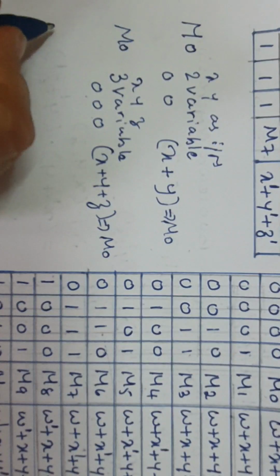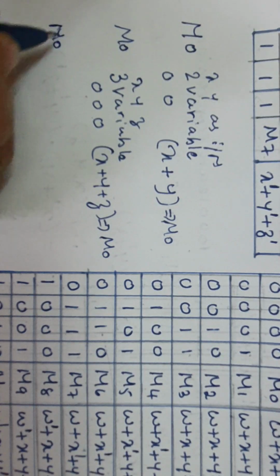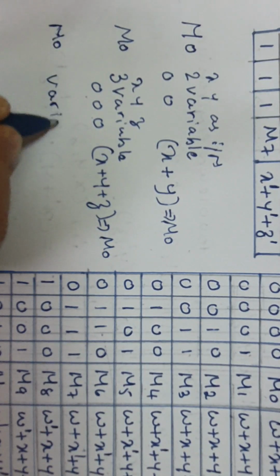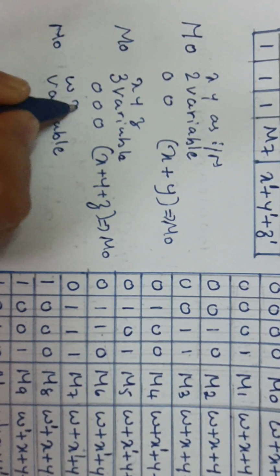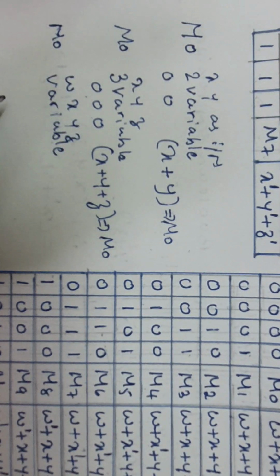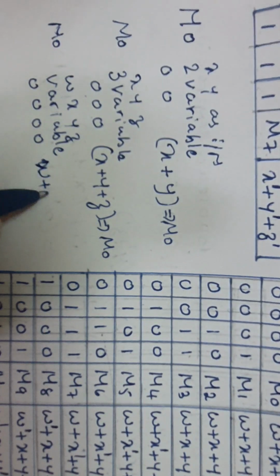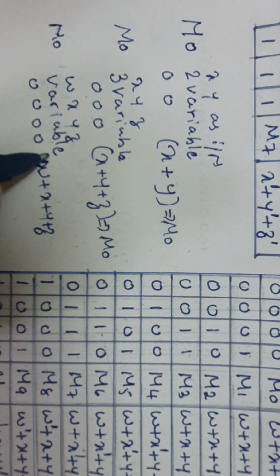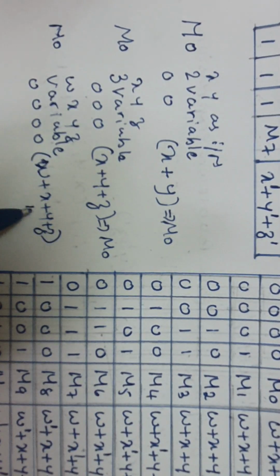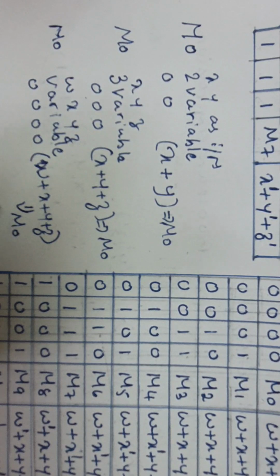Then for a 4 variable system, let the input variables be w, x, y, z. m0 means all will be 0. Hence w, x, y, z are all taken as they are in between plus sign, and this forms m0 in a 4 variable system.